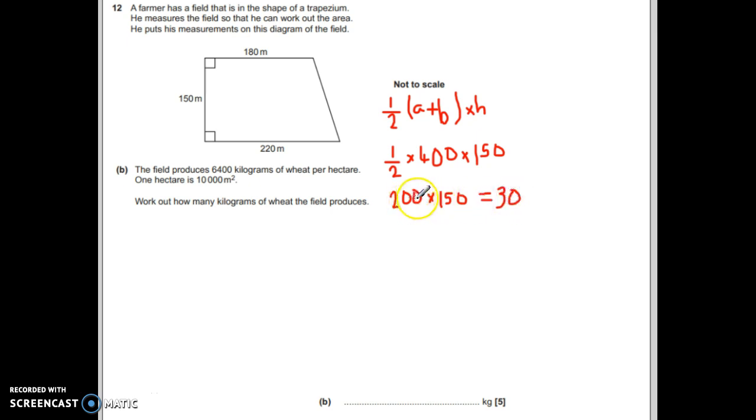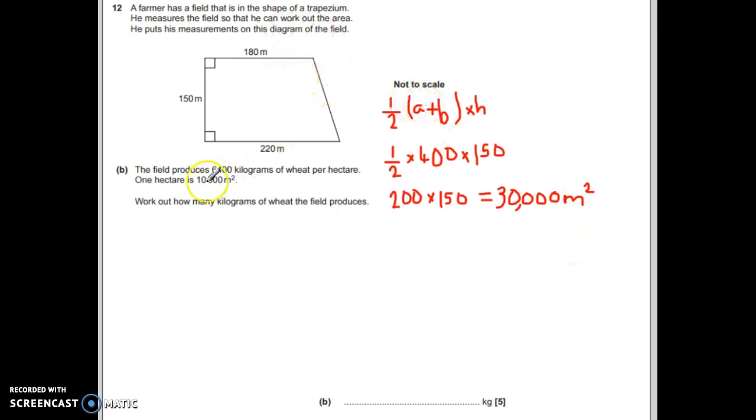And I've got 1, 2, 3 zeros. So I need to put those on the end as well. 1, 2, 3. So actually the area of this trapezium of the farmer's field is 30,000 meters squared. Okay, so that's good going. We now know the size of this field.